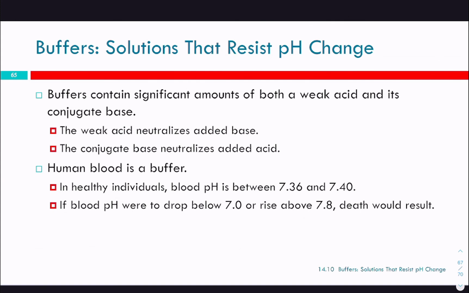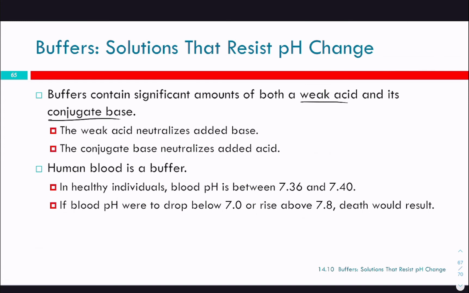Okay, so very quickly, buffers are a special situation when you end up with significant amounts, so a lot of a weak acid and its conjugate base. So a lot of weak acid, a lot of conjugate base, and essentially it acts as a buffer, in the whole sense of the word buffer.